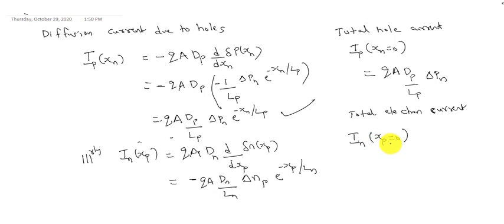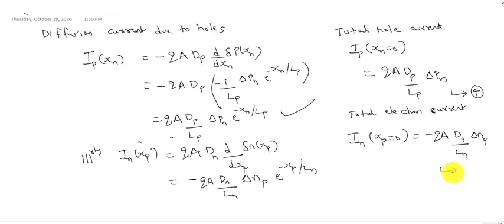Putting xp equal to 0, that value will become minus q into a into dn by ln into delta np e raised to 0. So these are the two equations, equation 4 and equation 5. From 4 and 5 we can find out the total current equation.